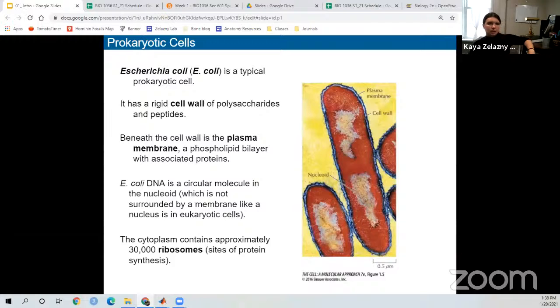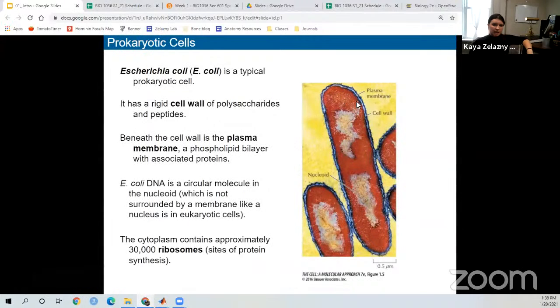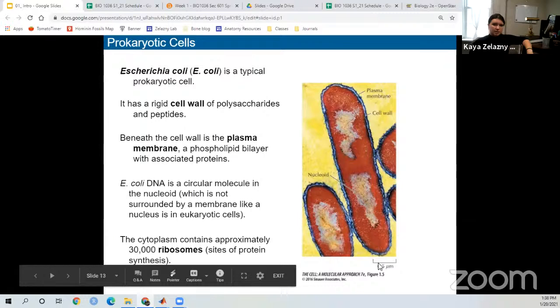Okay. So here's an example of a prokaryotic cell. E. coli bacteria is pretty typical for a prokaryotic cell. So these are some E. coli here that we see. They have a cell wall, they have a plasma membrane. We can see that there aren't a lot of structures inside this cell, right? It's pretty small. If we compared this unit of measurement, we'd see it's smaller than a eukaryotic cell.